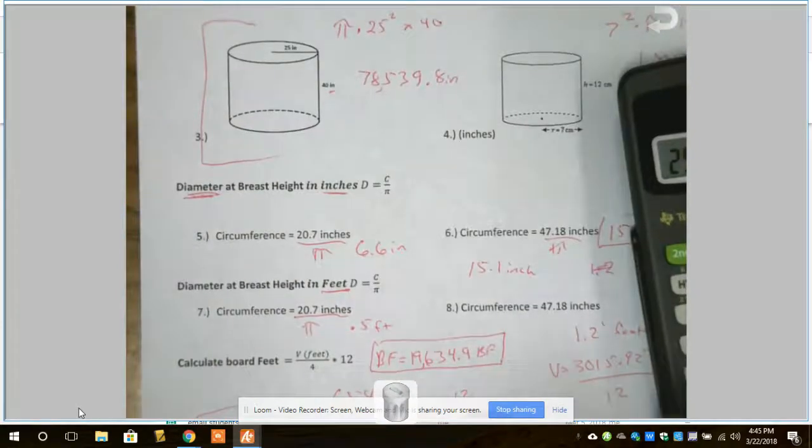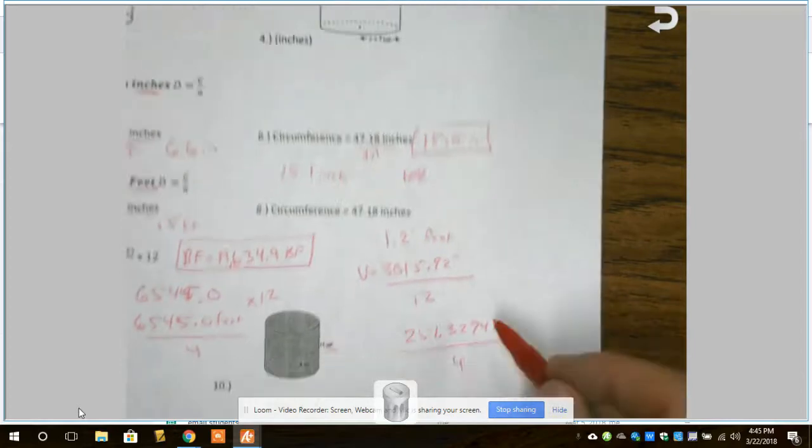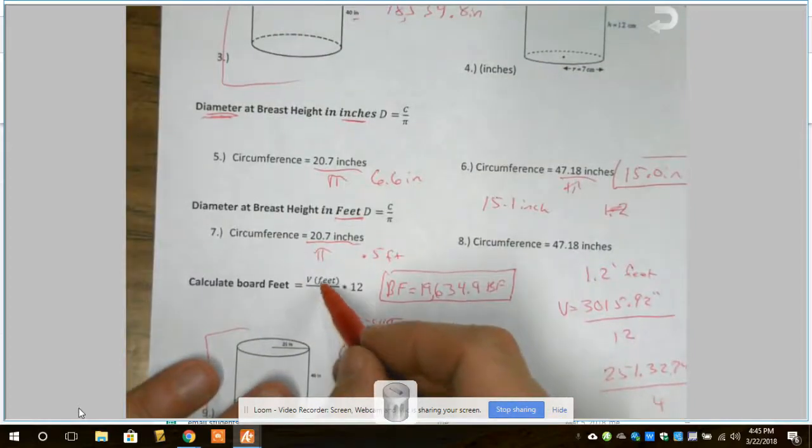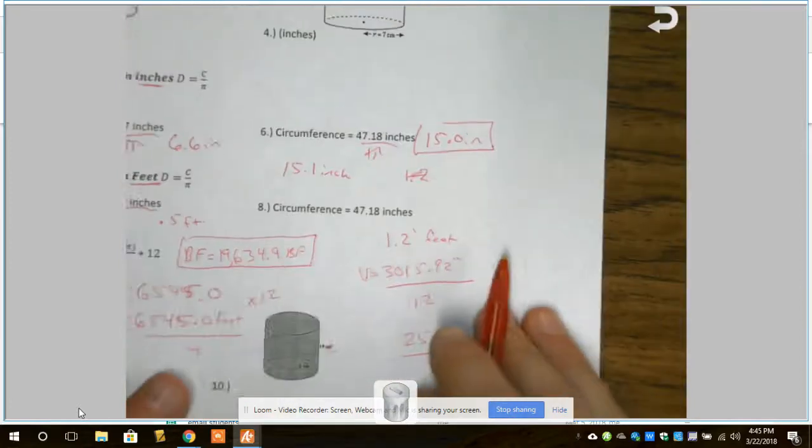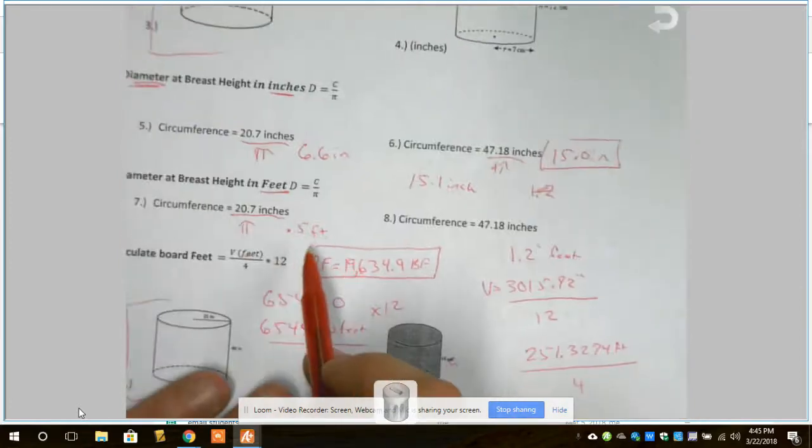What I did for this first part, this bottom part, this is the top part of the equation. So that guy is this guy right up here. Now I'm going to divide him by 4, and then multiply it by 12.